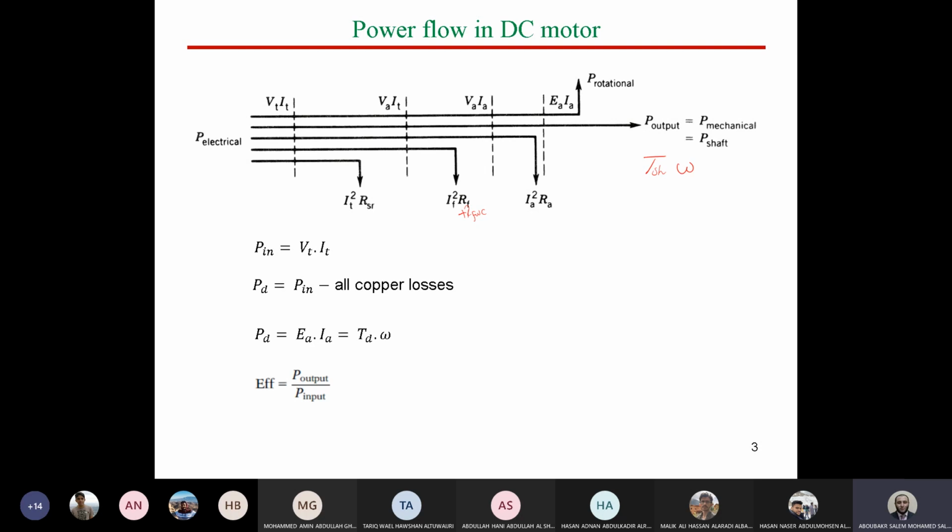In the induction motor, we had R2 prime over S multiplied by 1 minus S, which was representing the output mechanical power. So this is gained power. However, in the DC motor, we don't have a resistance in the equivalent circuit representing the output power. However, the output power or the gained power can be obtained from the EMF multiplied by IA.